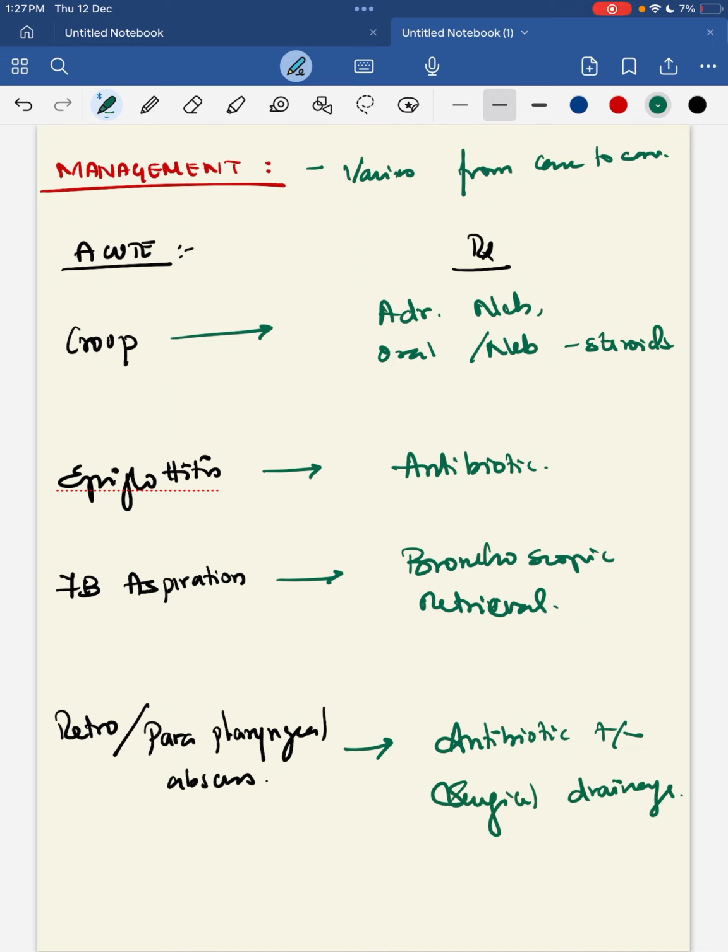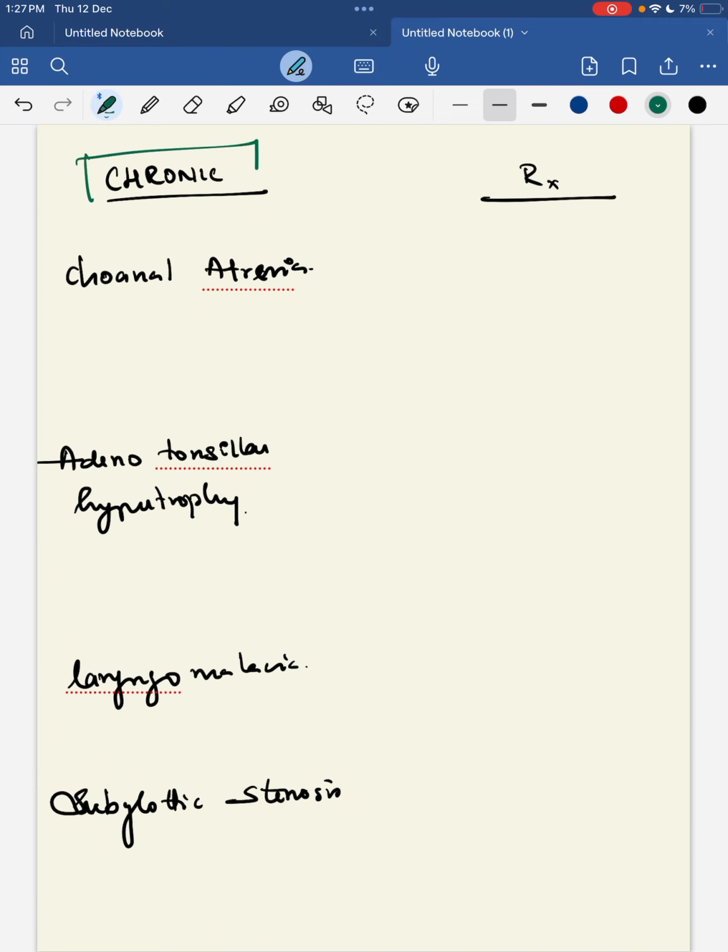For subglottic stenosis, it is your balloon dilatation with laryngotracheal reconstruction. Right, this is for subglottic stenosis.